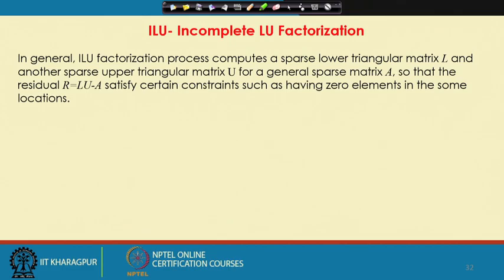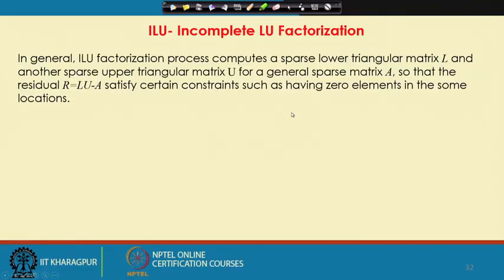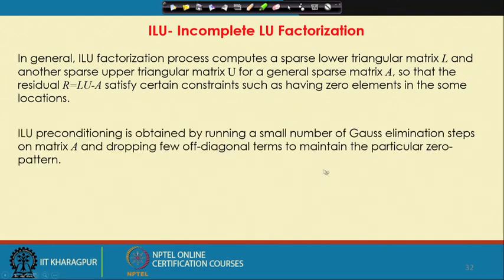This is the general idea of incomplete LU factorization, that complete LU factorization is difficult. It needs to run Gauss elimination like steps for N cubed operations. So, use some other method like SGS preconditioning, or run the first few steps of Gauss elimination and get a few of the rows to be of LU form. Some of these methods obtain an incomplete LU decomposition, with the constraint that 0 elements are obtained in some of the locations.